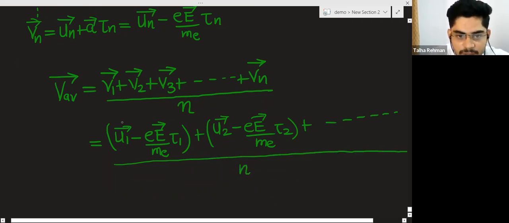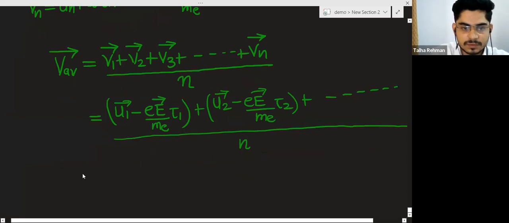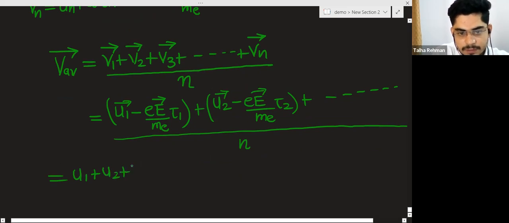Now this is the addition. So you can write U1 plus U2 plus U3, and so on, plus Un.